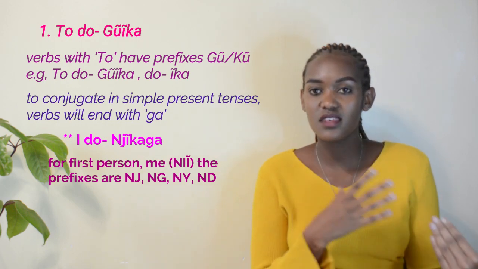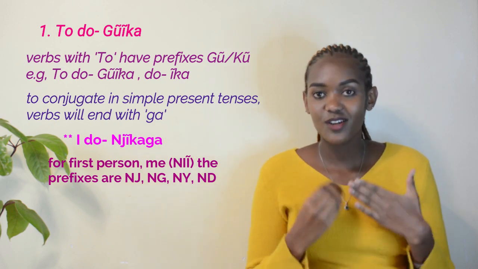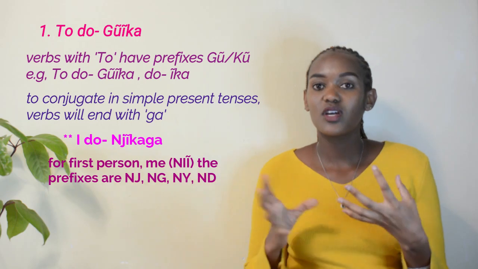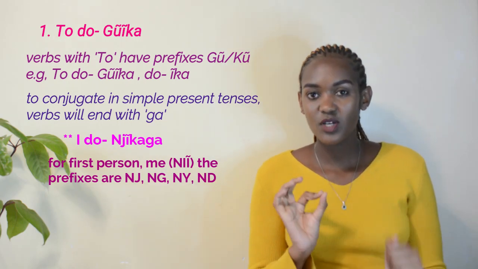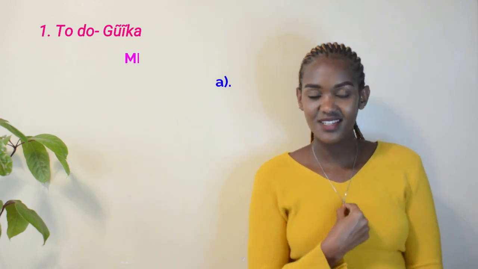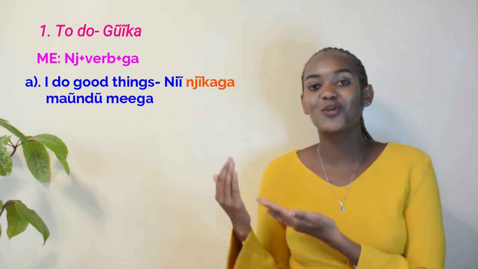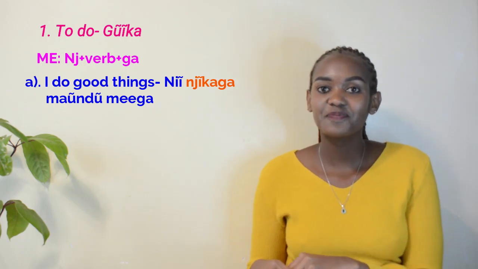For example, the, which means go, because already it starts with th, we are not going to use nj, nd, we're not going to use this. We are just going to use the th that is already in the verb. And remember, the pronoun I or me is nie. So I can always say nie jekaga maudo mega, I do good things.